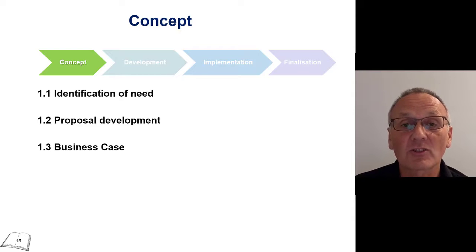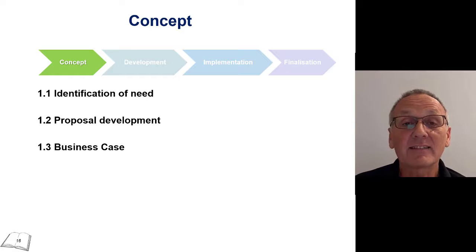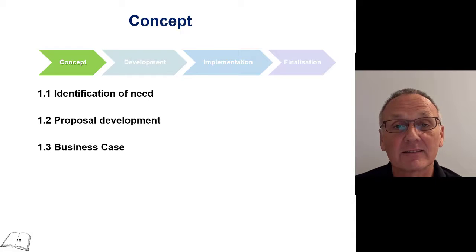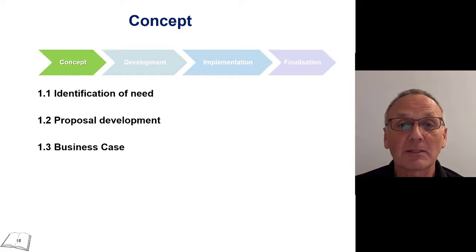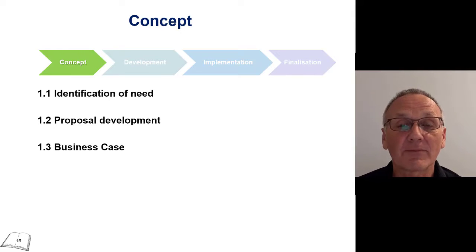So that is the cost versus benefit analysis. And that is done to determine whether it is really worthwhile for this project to move into the next stage or phase, or whether it should actually be canned at this point, sent back to the drawing board, or other considerations being made. So that is the concept phase.